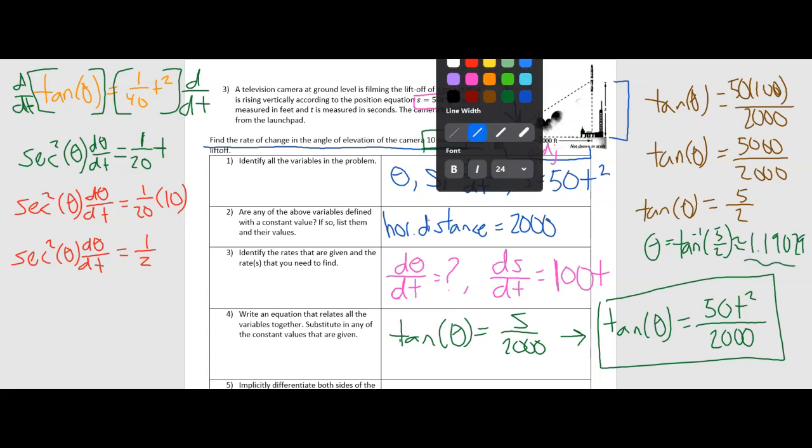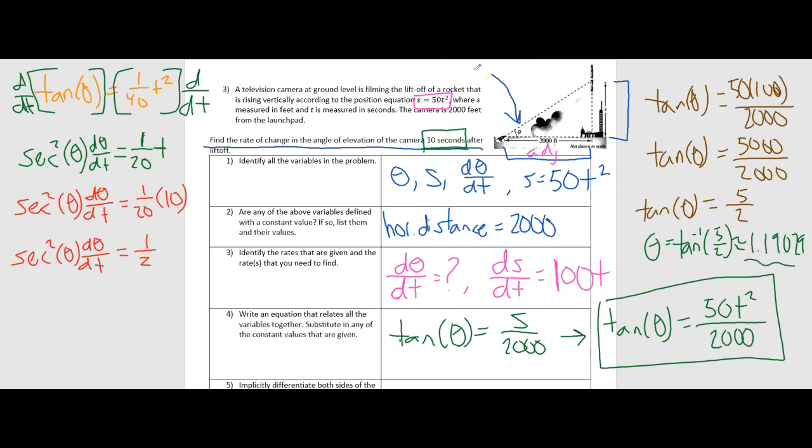I'm going to bring that over here. I can rewrite secant squared as 1 over cosine squared of 1.19029, times d theta dt equals 1/2. Then I can multiply both sides by cosine squared of 1.19029, and that's going to give me d theta dt.